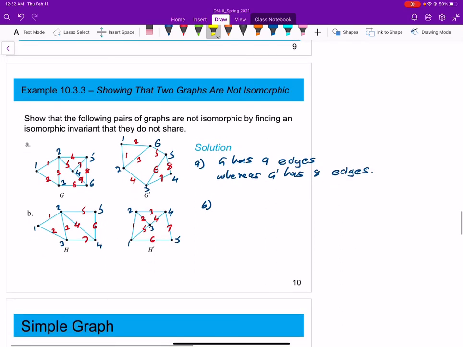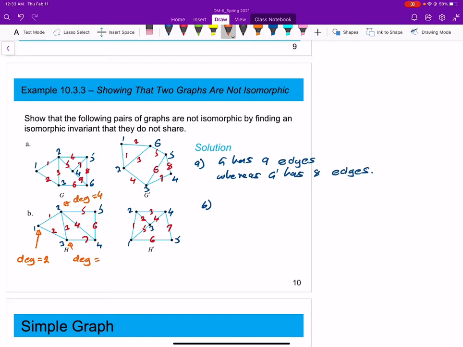All right. Let me use a different color here. What is the degree? Degree of this one is 2, because there are 2 edges incident to that vertex. What is the degree here? There are 1, 2, 3, 4 edges adjacent to that.